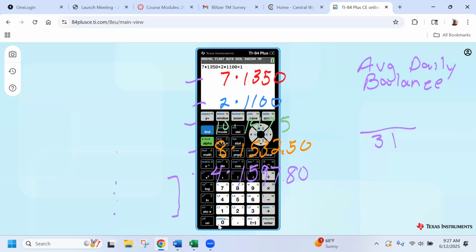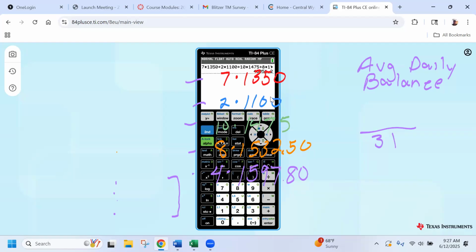Add 10 times 1,475 plus 8 times 1,532.50 and then plus 4 times 1,597.80 and press enter.